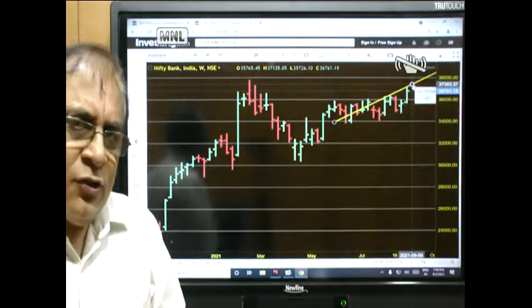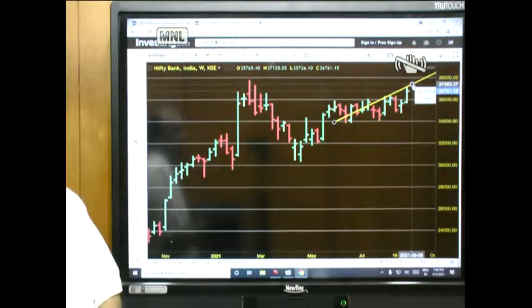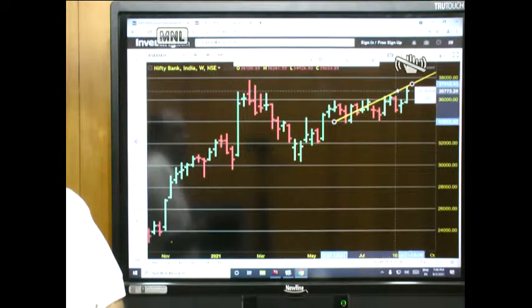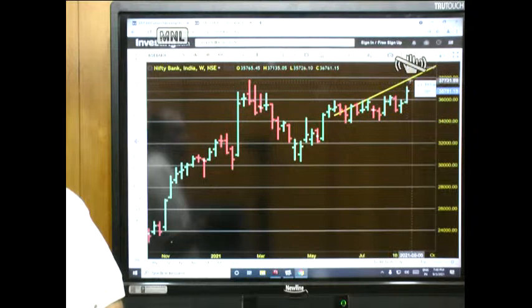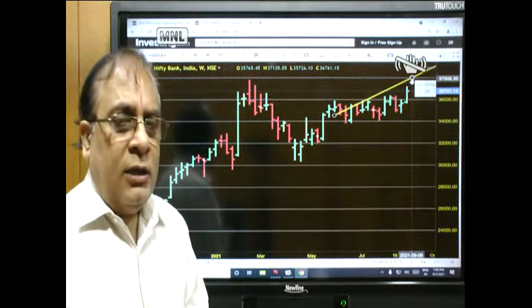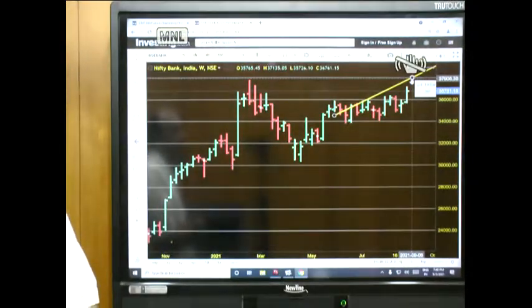Now, only a sustained break above that can probably take it to the next important resistance level, which will come at this place, this is 37,905. So the Bank Nifty is now moving at this trend line resistance.